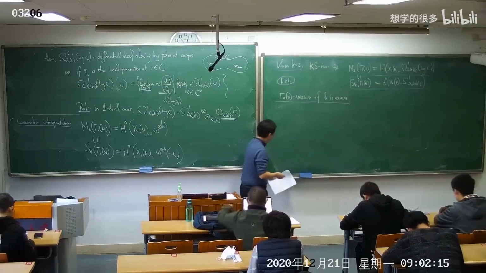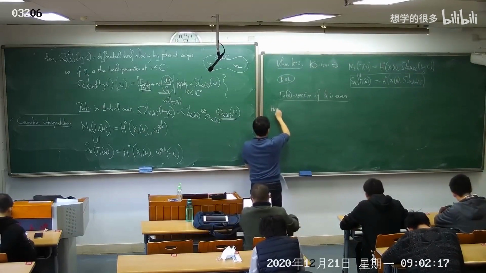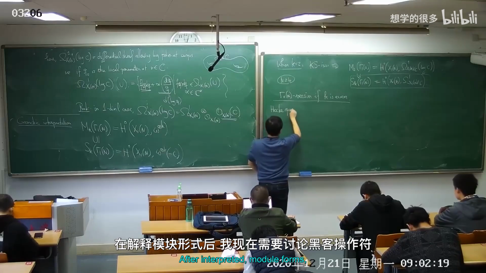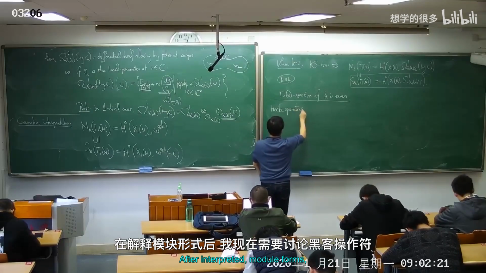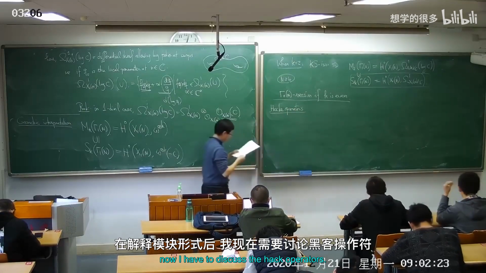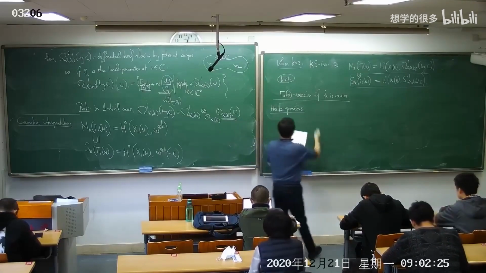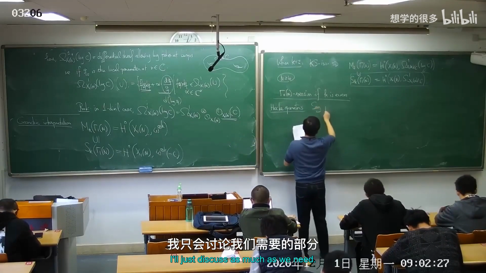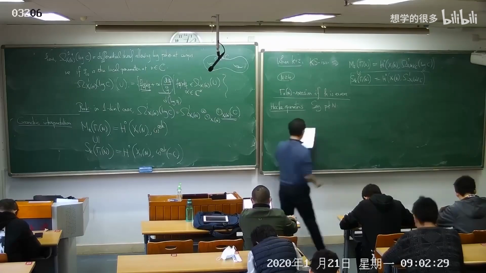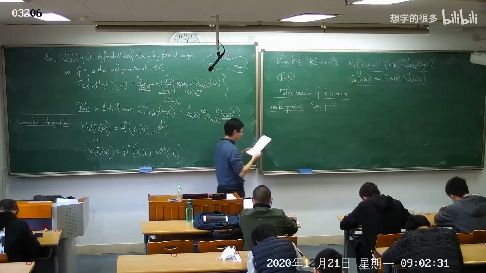So, Hecke operators. After interpreting modular forms, now I have to discuss the Hecke operators. I'll just discuss as much as we need. So say p does not divide n.